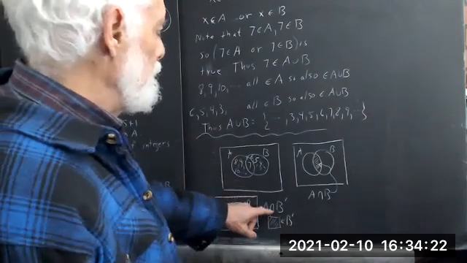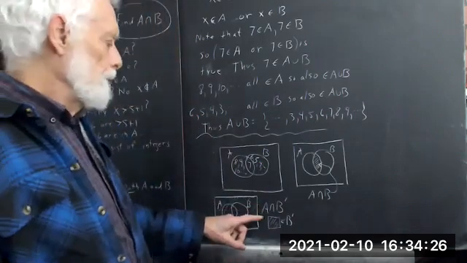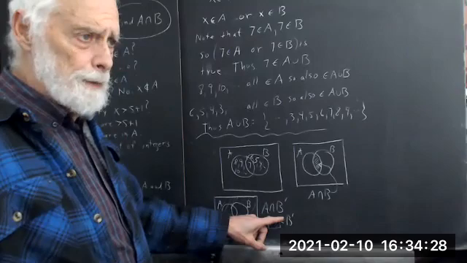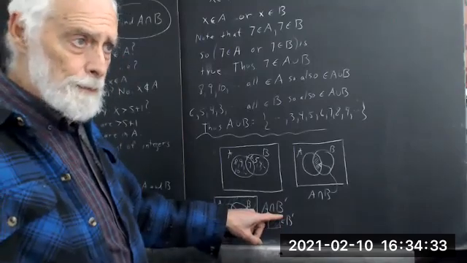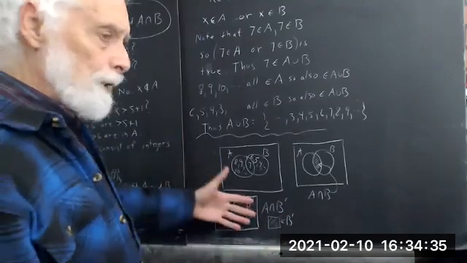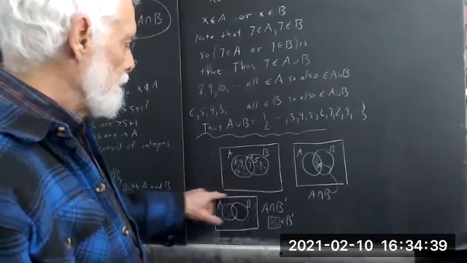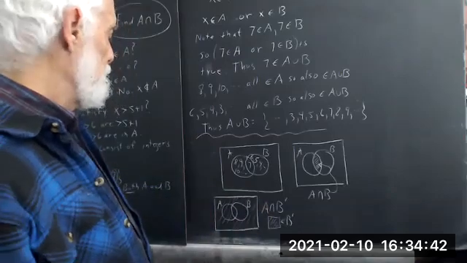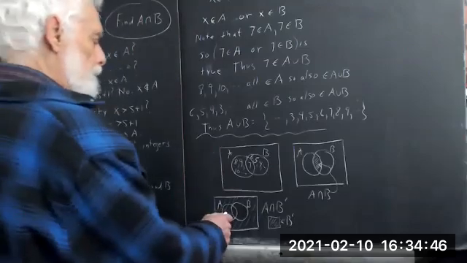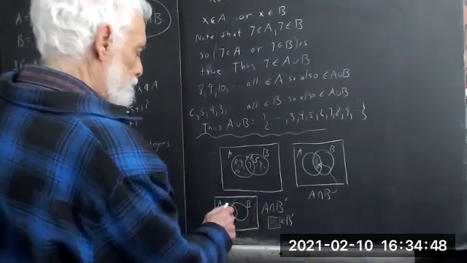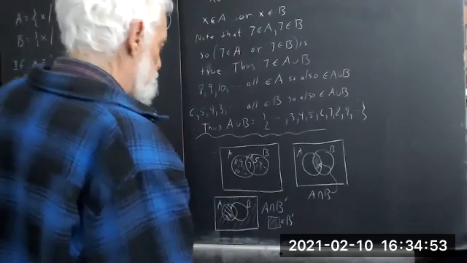Now, A intersection B prime is a set of all elements that are in A, not in B, or they're in A and they're in B prime. Okay, so B prime encompasses a lot of things that aren't in A. You know, this whole region out here within the universal set is not part of the set A. The part of set A that intersects B prime is here.